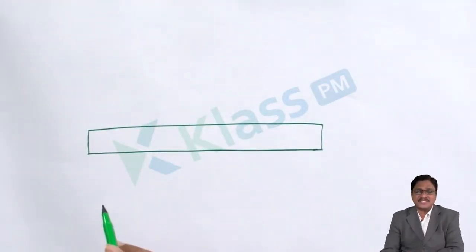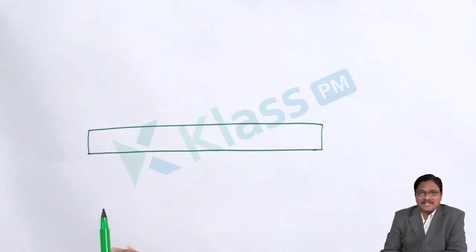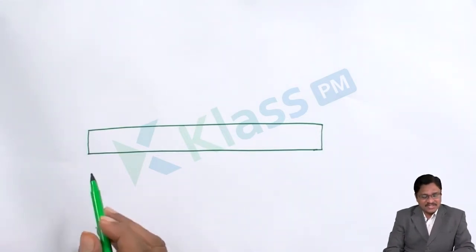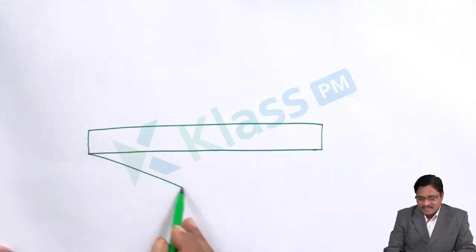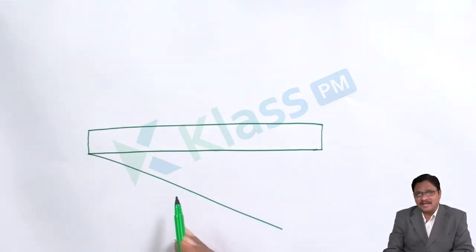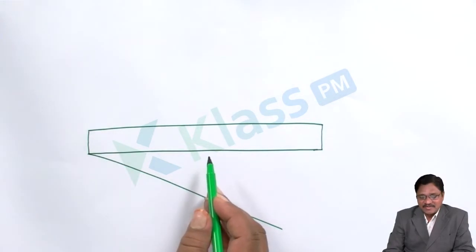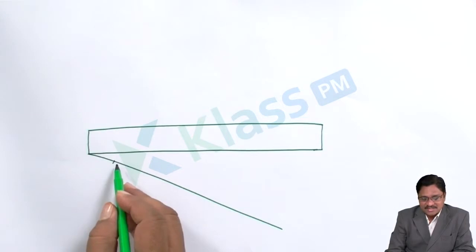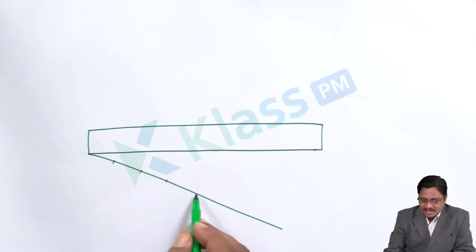So 15/6 again gives an irregular fraction value. Whenever you get an irregular fraction value, please apply the method of geometrical construction for division. What is that? Take the assistance of a line of any convenient length at any angle, and offset the parts we require, in this case 6 equal divisions: 1, 2, 3, 4, 5, 6.